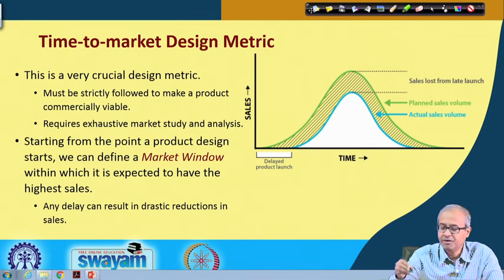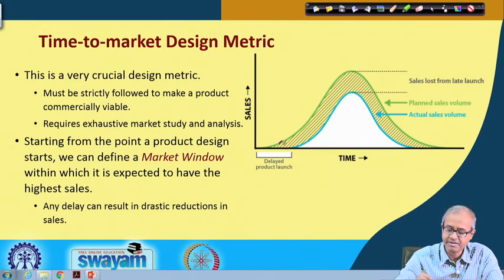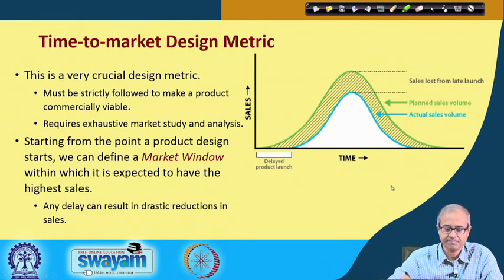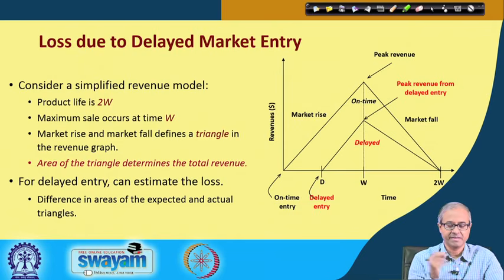Okay? Now, let us make a simple calculation with some approximation. Well, the curve looks like this, but to a first approximation we can assume that these are straight lines. So, with that assumption, let us try to estimate how much loss we are expected to incur if there is a delay in entering the market. We consider a simplified revenue model.